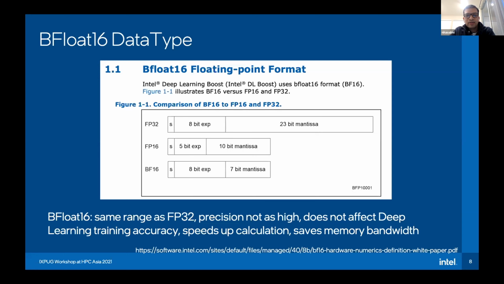Essentially, it's a floating point representation, but in comparison to floating point 32, the difference between FP32 and BFloat16 is that BFloat16 uses fewer bits for the mantissa. As you can see, it uses only 7 bits for mantissa, whereas the FP32 IEEE format uses 23 bits. But the number of bits for exponent remains the same.